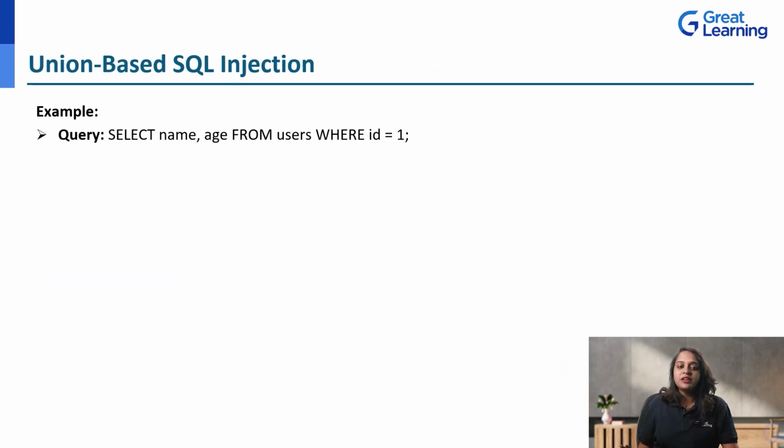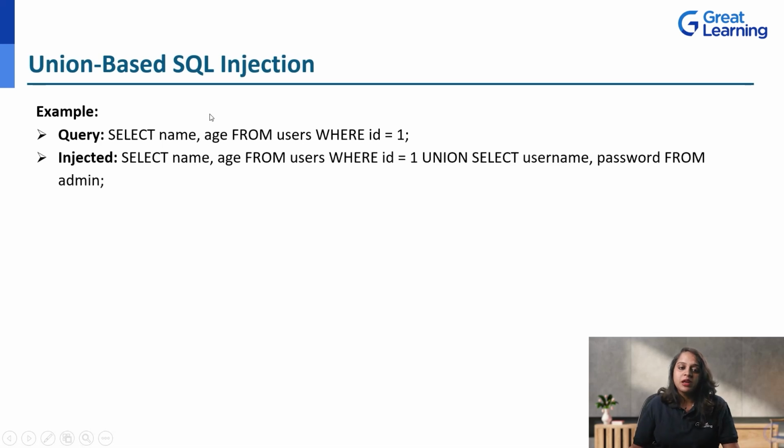We generally write the queries as select name, age from users where ID is equal to 1. But the union-based SQL injection can happen by using this query: select name, age from users where ID is equal to 1 union select username, password from admin.